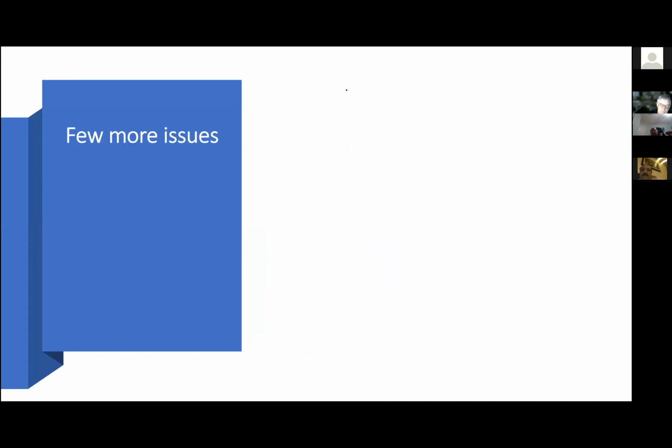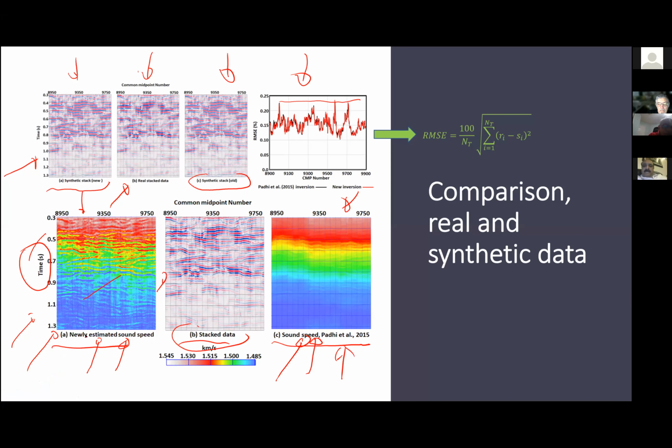But before I end my presentation, I want to look at a few more issues. One issue is the compute-intense nature of inversion. Because it's a full waveform inversion and we are using genetic algorithm based inversion, it is compute intense, though you can use linearized approaches. Recently, Ritam Biswas wrote two papers, one in the SEG expanded abstracts and one published in Interpretation.